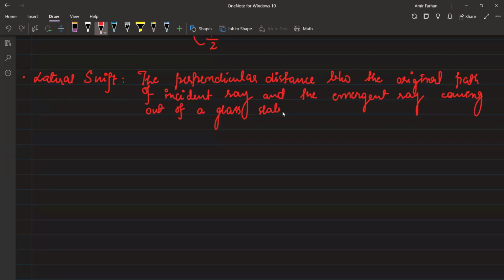Clear? Maybe it can be any other medium as well. It's not restricted to glass slab.